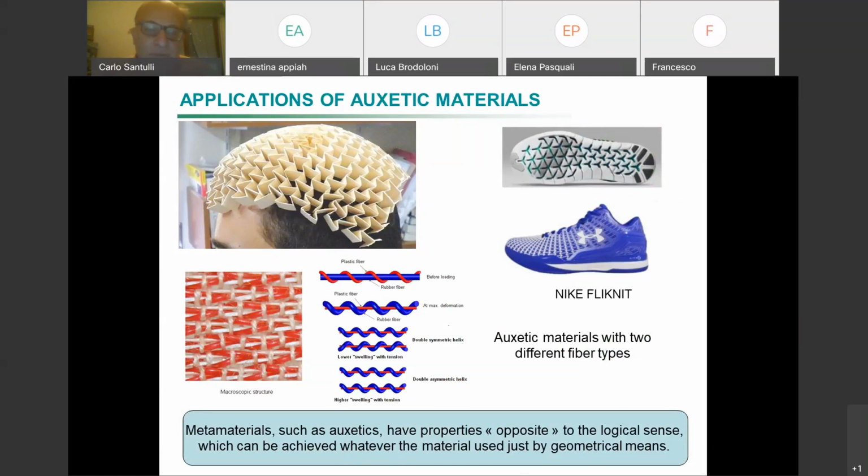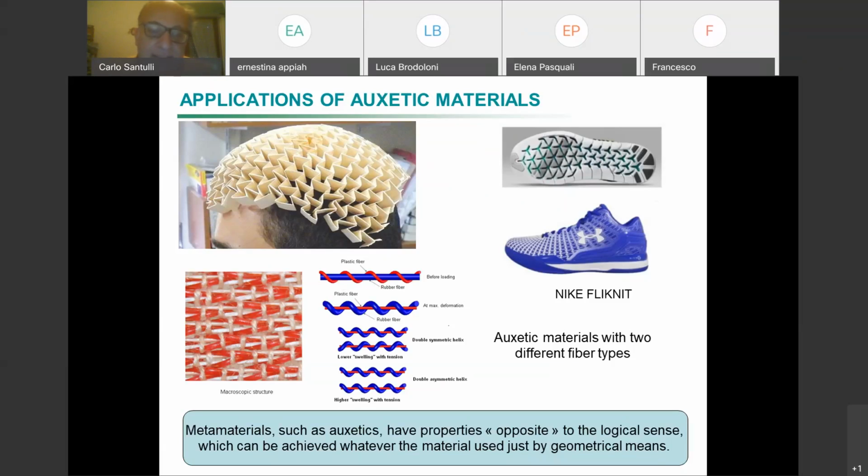It's a foam in the helmet, which if an impact is received, so a compression, it tends not to get penetrated, but instead it tends to inflate.